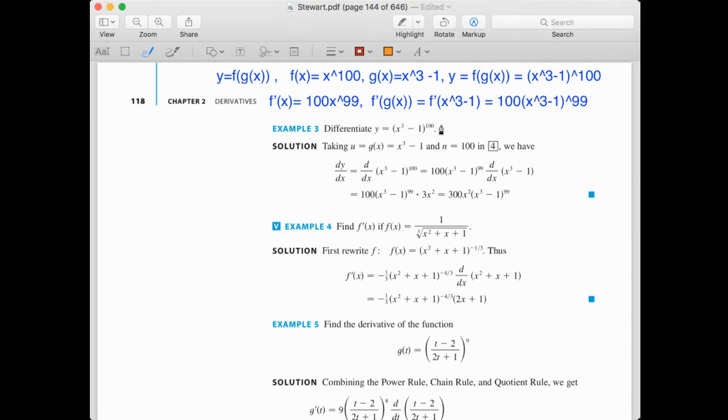Okay, the outside layer is something raised to 100. The inside layer is to raise the input to 3, subtract 1. Once we know how to see a function as a composition of two functions, we can take a derivative by chain rule. So by chain rule, we have, so what's g prime? G prime, let's just write one more here.